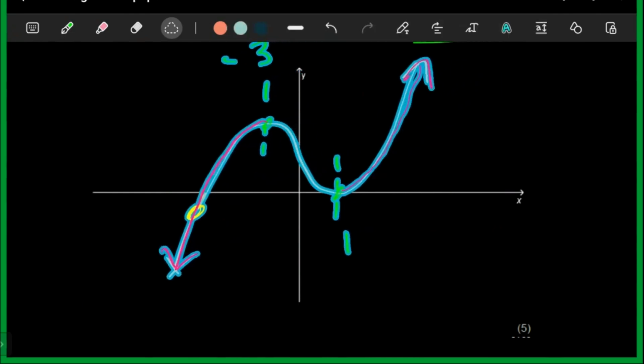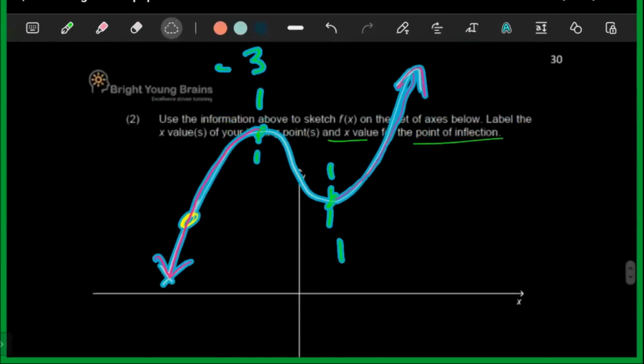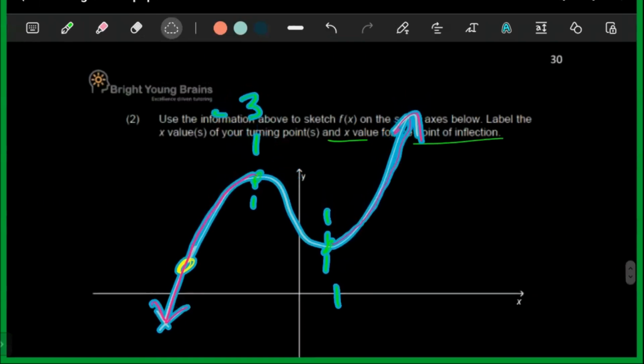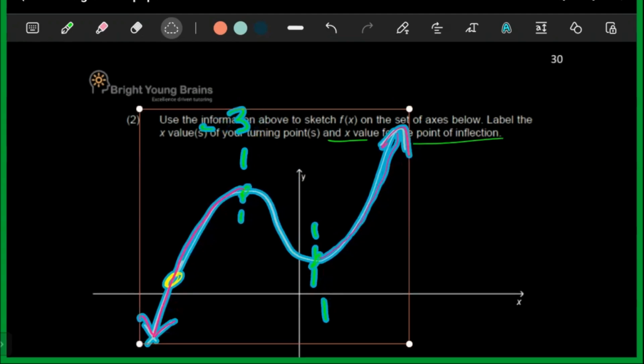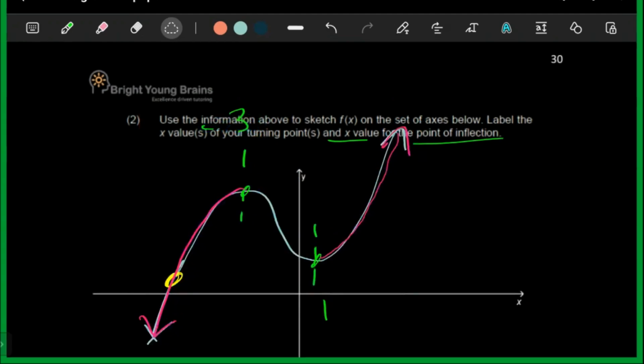Obviously, we're going to move our graph something like this, because it should not touch the x-axis twice. So this is what our image looks like. You see, we already stated that one of our turning points is at negative 3 here, the other one is at positive 1.